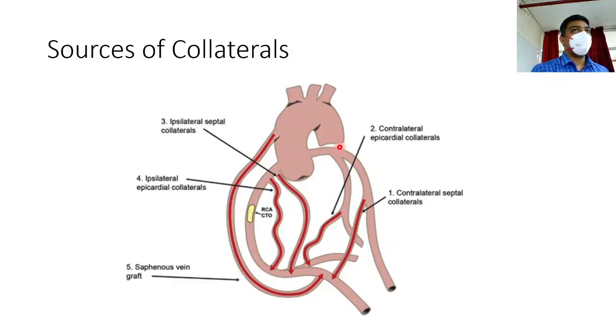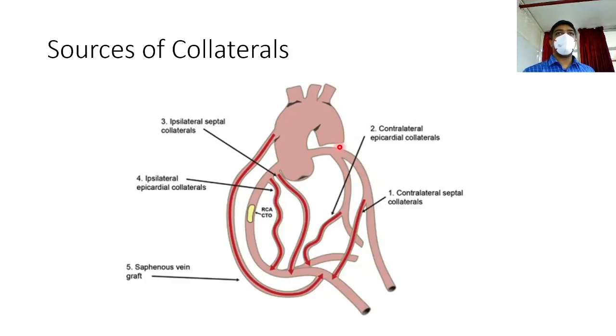It is relatively safer because it goes inside the septum. So even if you perforate, it will produce an intramyocardial hematoma, or if it is rupturing, it will rupture into a chamber rather than into the epicardium, the pericardium. So the tamponade risk is less if we choose a septal collateral.